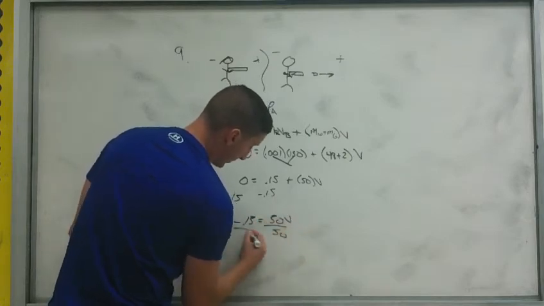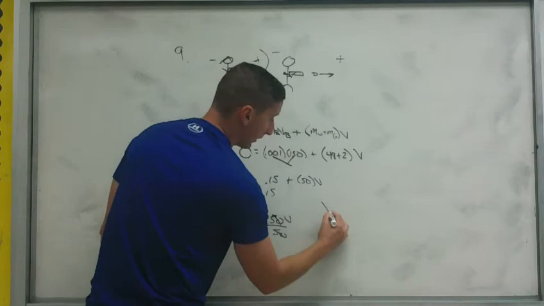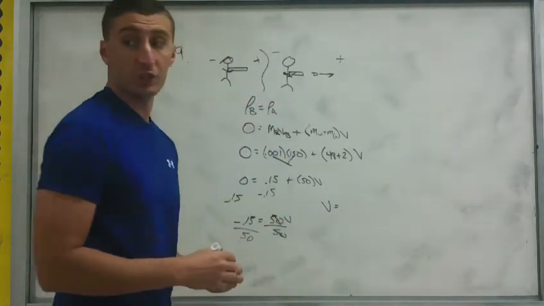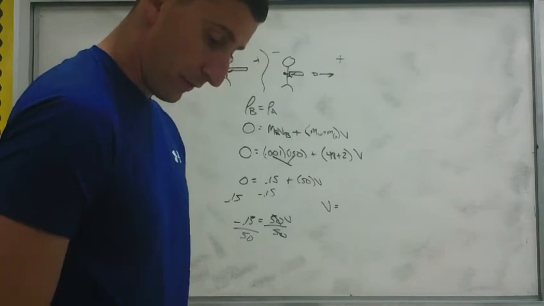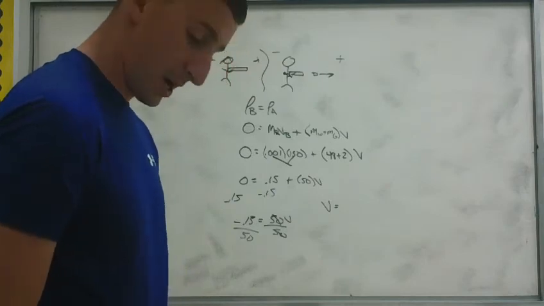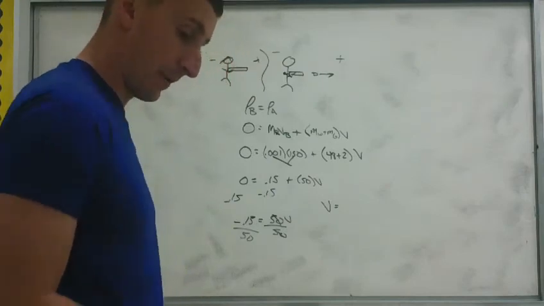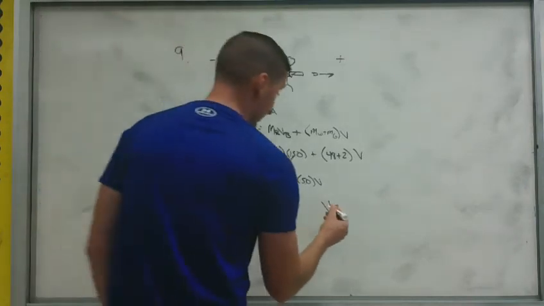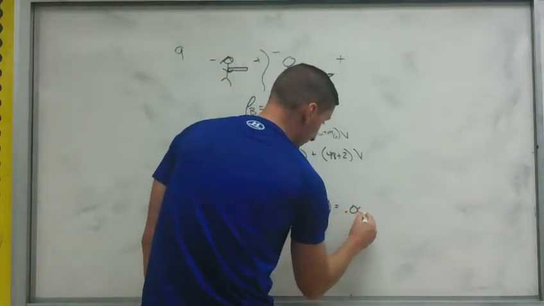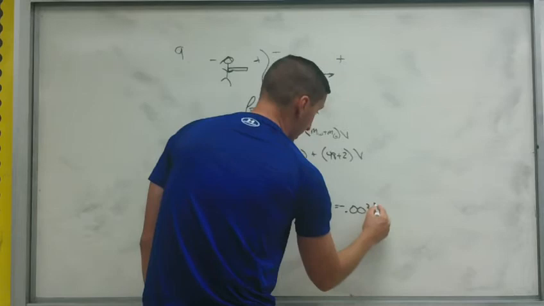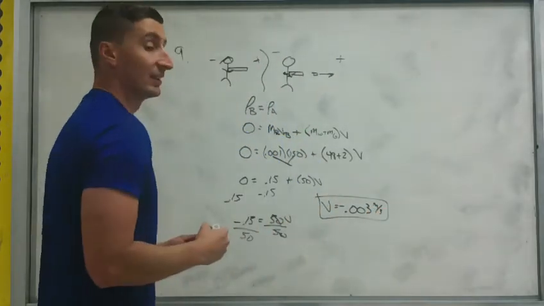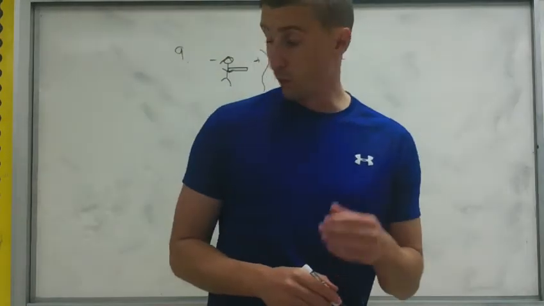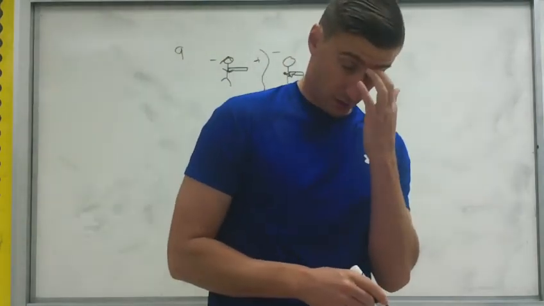Divide by 50. The new velocity when she holds the gun is equal to negative 0.15 divided by 50. I get negative 0.003 meters per second. So as you can see, it's a lot less than before. Okay?